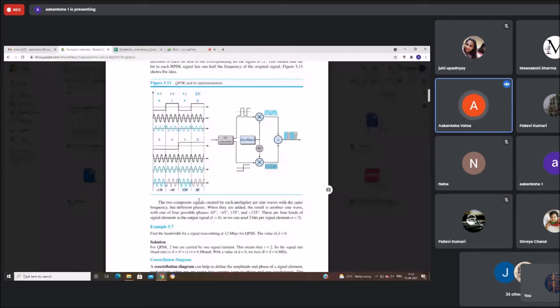So L equal to 16, and that will give me 4 bits per signal element, that is R is equal to 4. So that way I can increase the number of amplitudes per phase, and the number of signals will change, the level L will change, and R will also change, and the number of bits sent per unit of time will change.